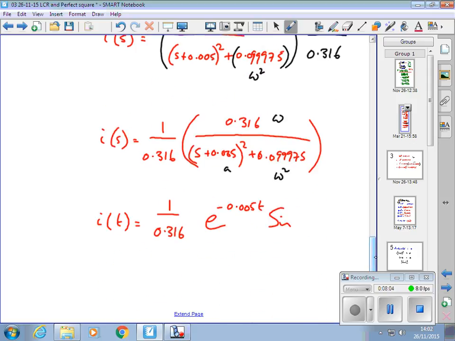And omega is 0.316. And there's my function that I can now map out, and it will model this circuit, the transient period of this circuit.